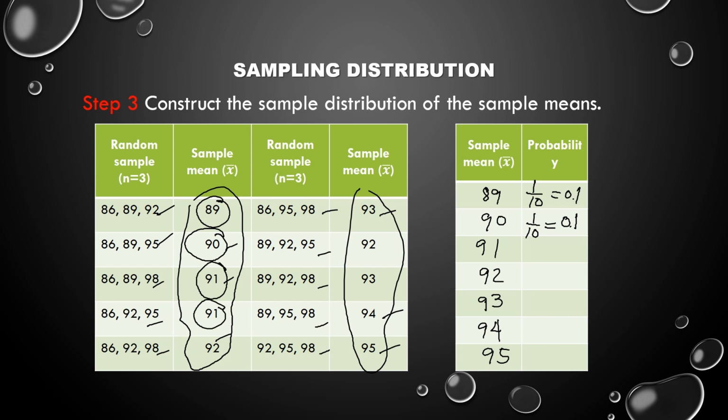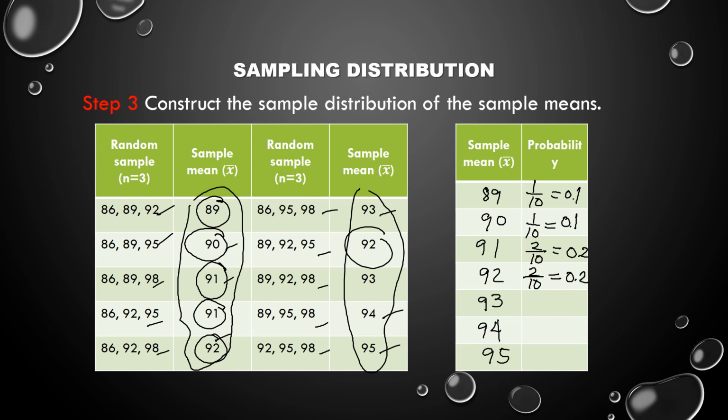So there are 2 out of 10, or that is equal to 0.2. Next, we go for 92. We count how many have 92. We have 1, 2. That will be 2 out of 10, and this one will be equal to 0.2.